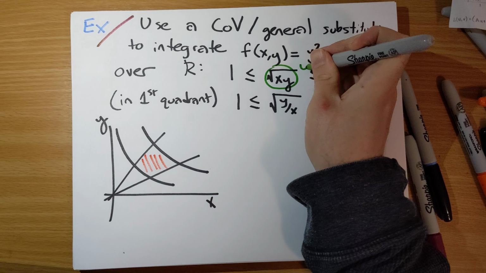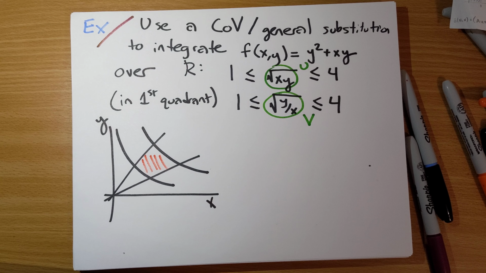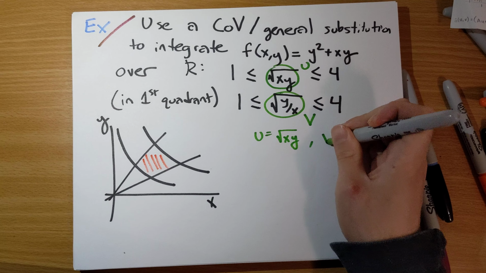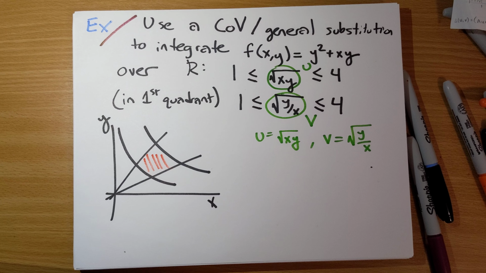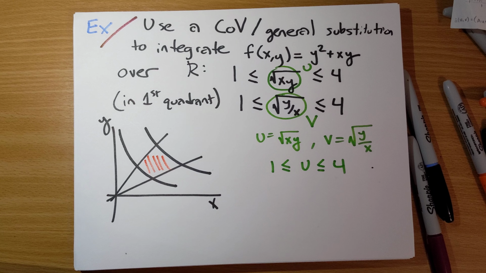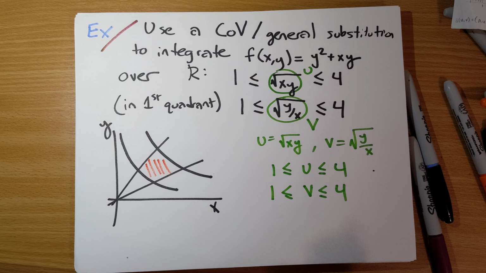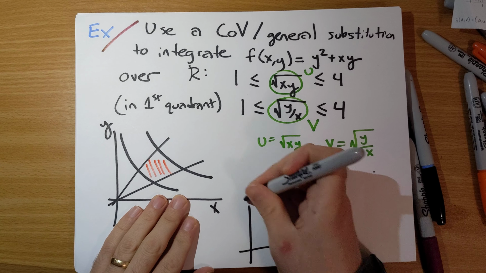If we call this whole thing u, and this whole thing v, so u is equal to the square root of x times y, v is equal to the square root of y over x, then these bounds become u is between 1 and 4, v is also between 1 and 4.